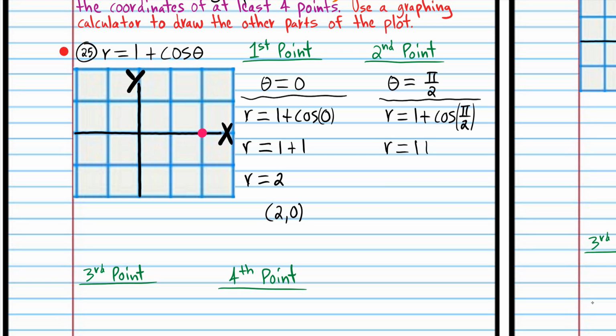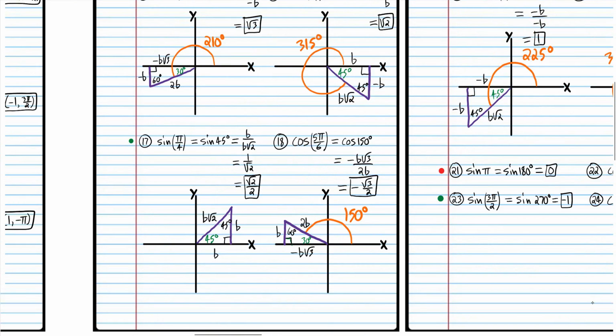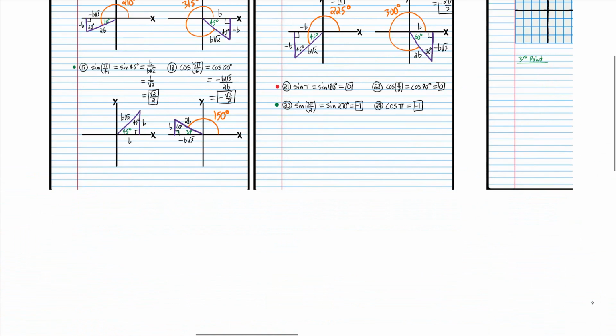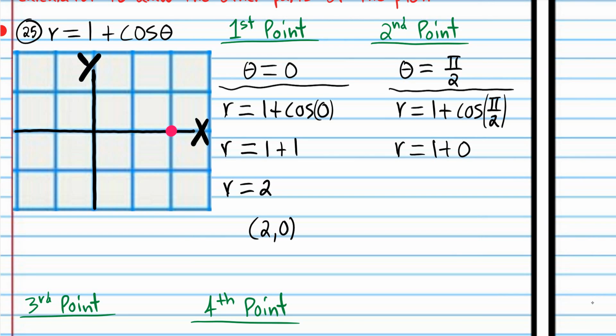So if you look at your graphs, cosine pi over 2 is 0. So we have 0, and so r is equal to 1. Our point is 1 comma pi over 2.